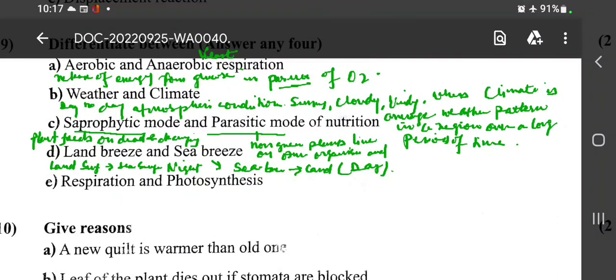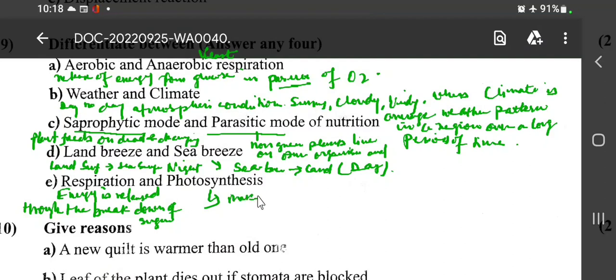Respiration and photosynthesis. Respiration is the process in which energy is released through the breakdown of sugar. And photosynthesis, you already know, is making food by green plants.